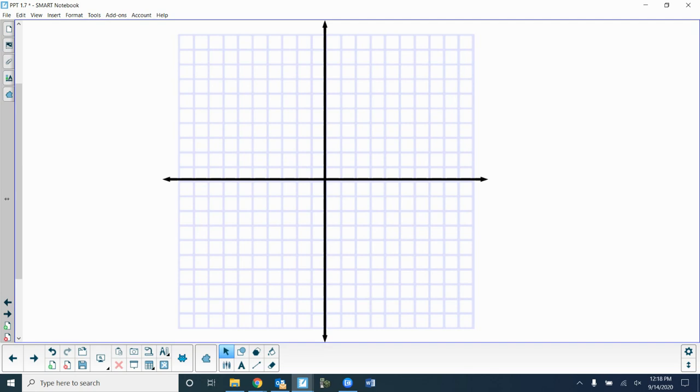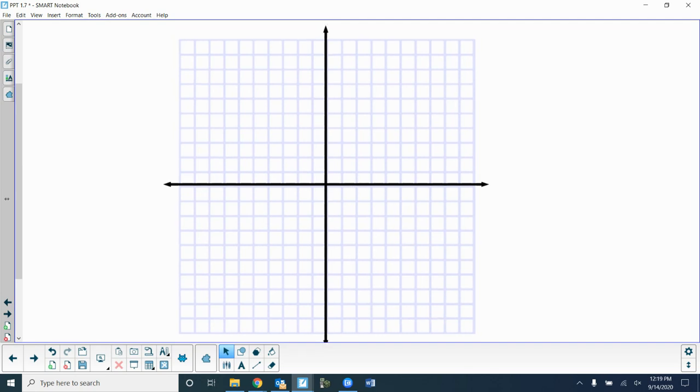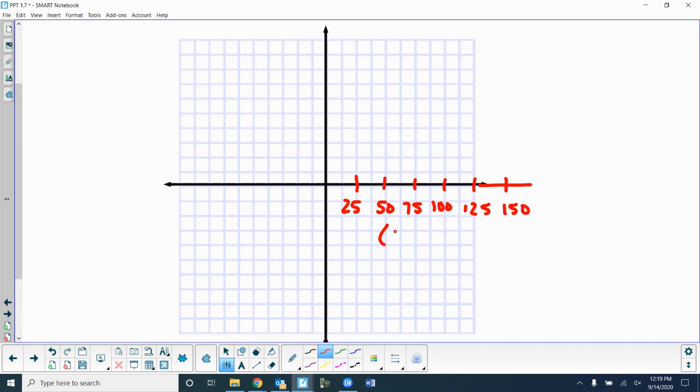So I'm going to mark 25, 50, 75, 100, and then 125. It goes up to 150, doesn't it? Yes. And these are thousands of dollars, right? So 25,000, 50,000, 75, and so on.